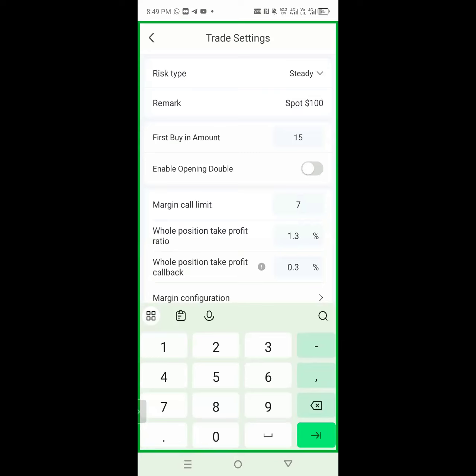If it falls the fourth one, you're telling the robot to use $10 now to buy. So you see, 15, 15, 15 will give us 45. 10, 10, 10, 10 will give us 40. 45 plus 40 is 85, plus our first buy amount, 15, which is the total of 100. Okay?